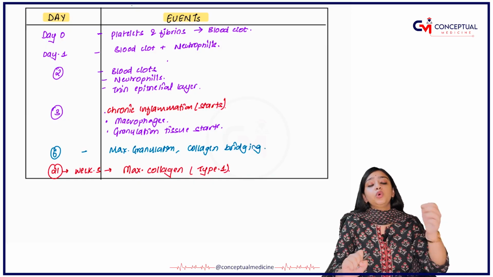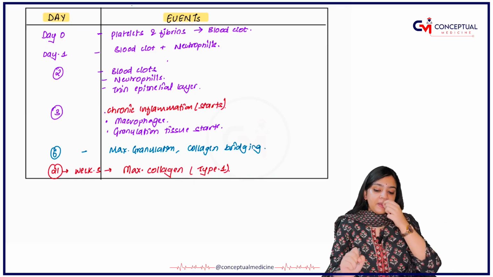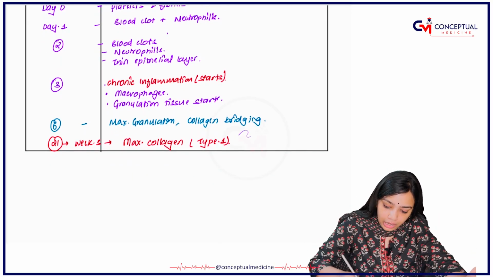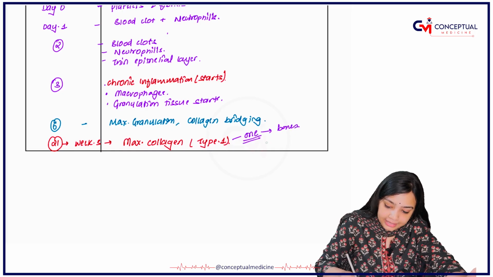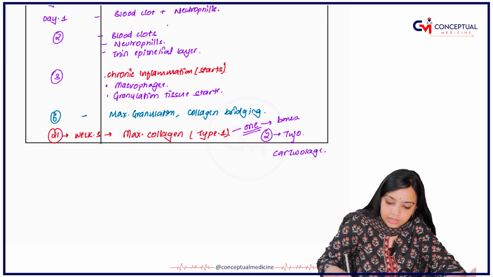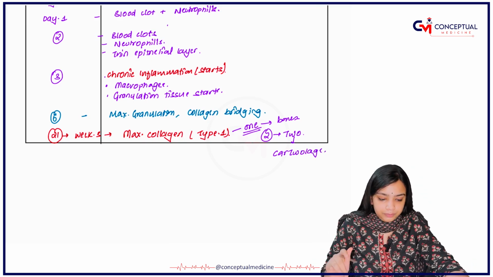And type 2 collagen is seen where? See, type 1 collagen, how you write 1 is ONE. So 1 is related to your bones. And type 2, how you write 2? It is related to your cartilage. Okay.